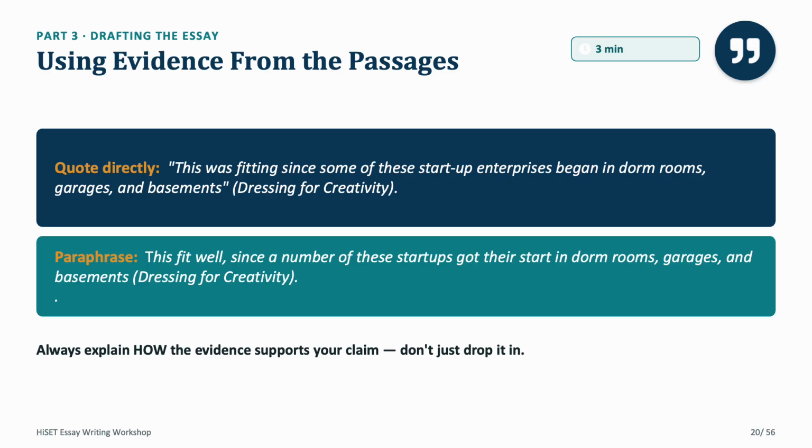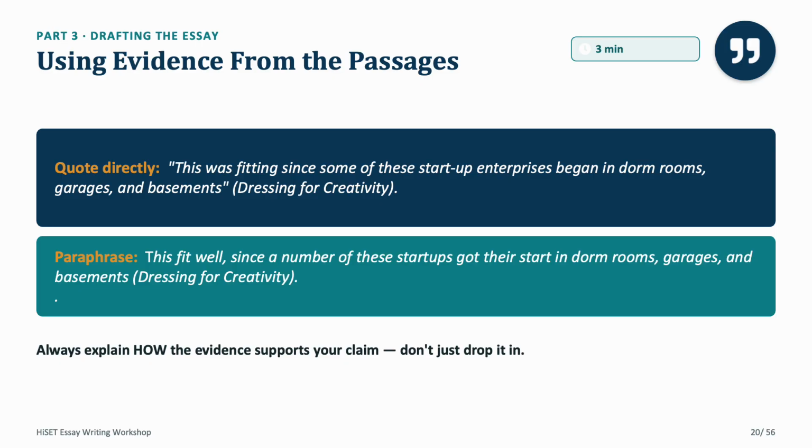Then, in parentheses, if it has an author, you will write the author's last name. If it doesn't, like the article Dressing for Creativity doesn't list an author, so you put the name of the article, Dressing for Creativity. Then you put your ending punctuation, okay?